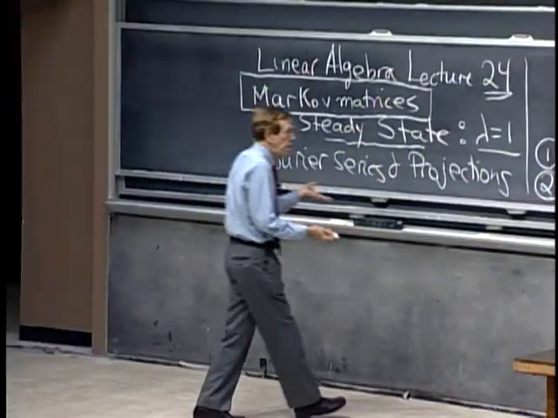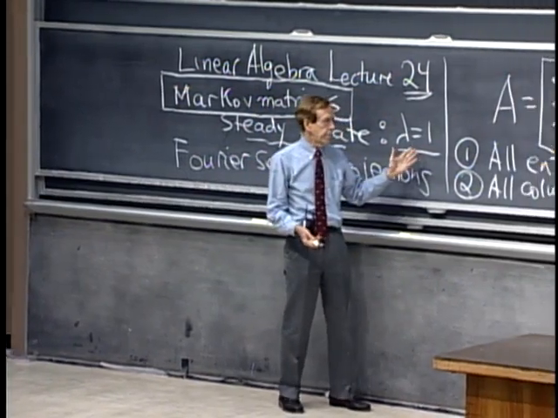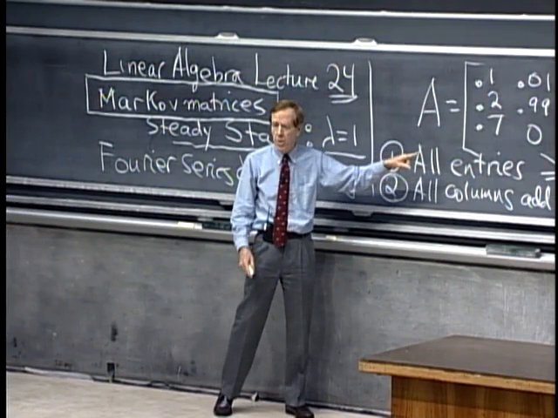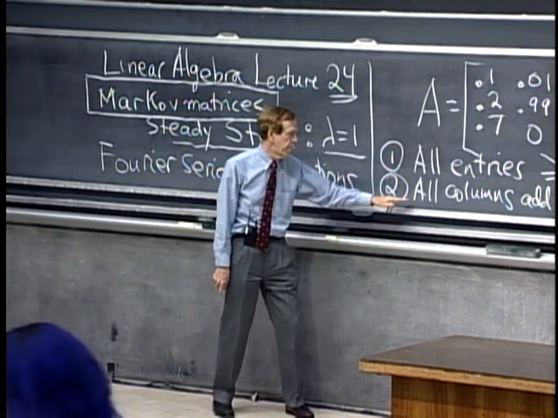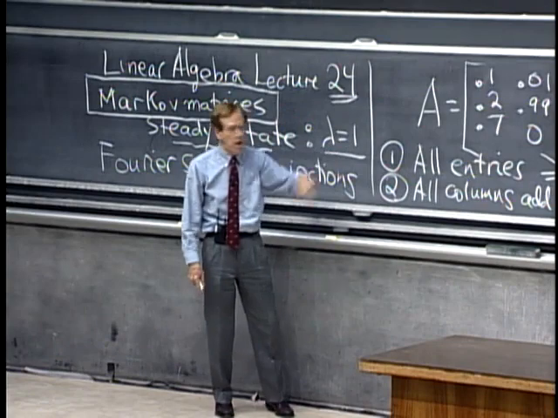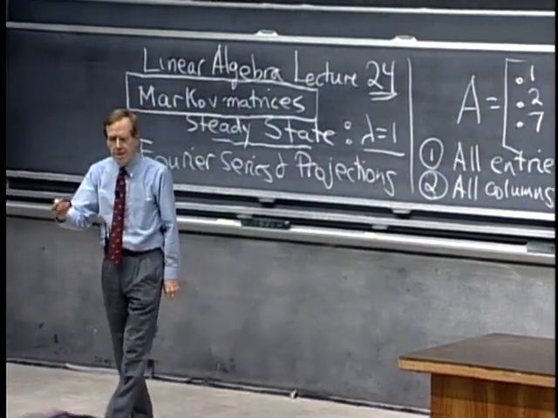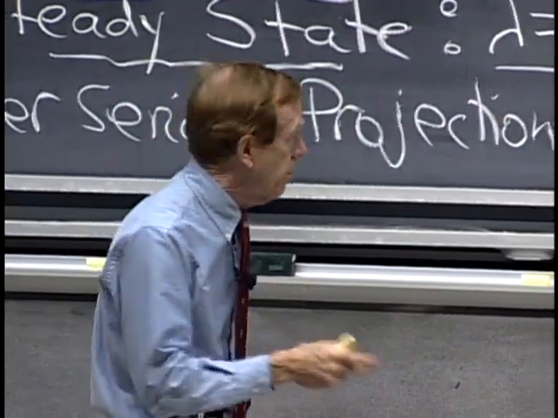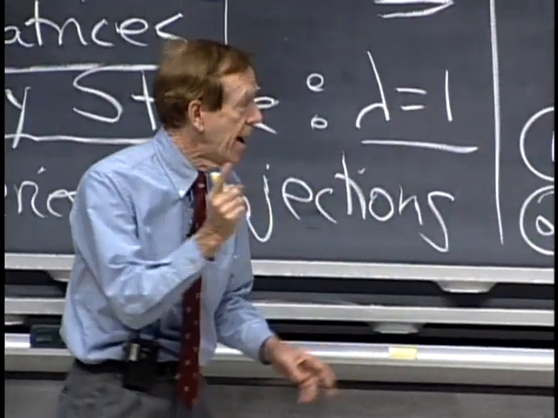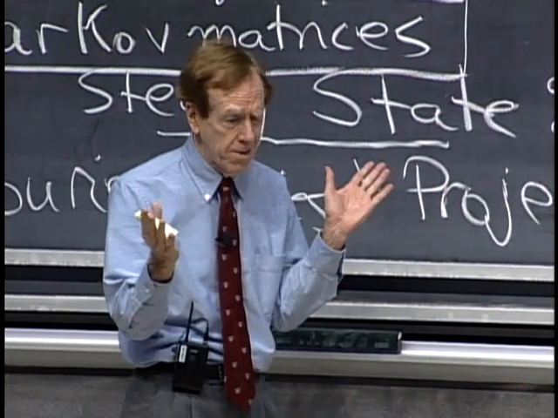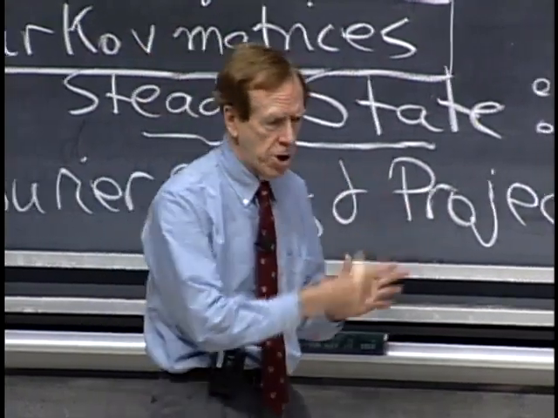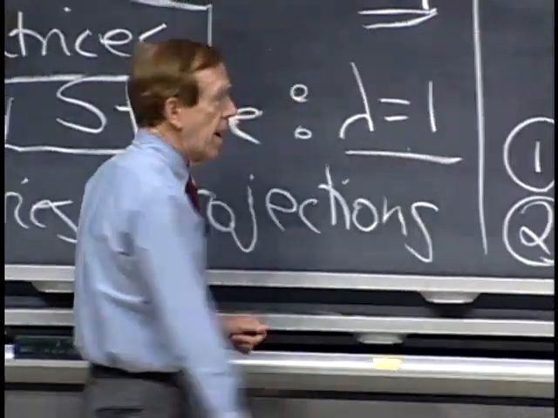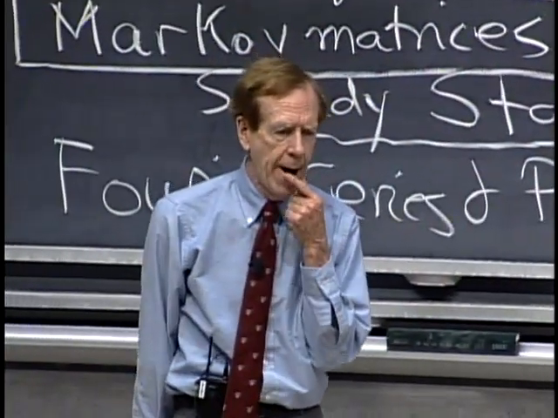Now, for some reason that we have to see, this matrix has an eigenvalue of 1. This property that the columns all add to 1 turns out to guarantee that 1 is an eigenvalue. So you can actually find that eigenvalue of a Markov matrix without computing any determinants of A minus lambda I. That matrix will have an eigenvalue of 1, and we want to see why.